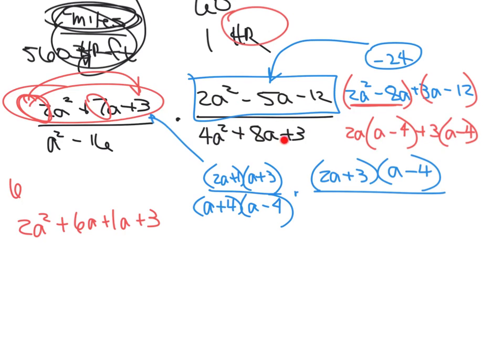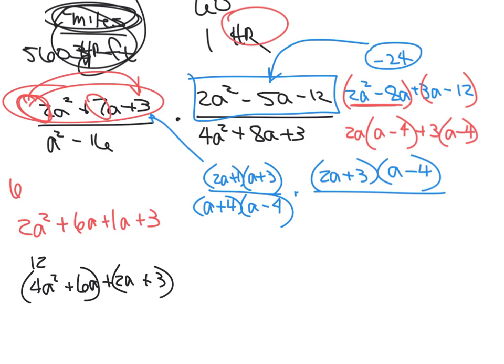Now I have to simplify this one, and we'll put that down here, and then we can just cancel. So again, this times this, because there's a number there, gives me 12. I'll do it down here. And two numbers multiplied give me 12, added give me 8. So that'd be 6a plus 2a. Multiplied would give me 12, added give me 8.